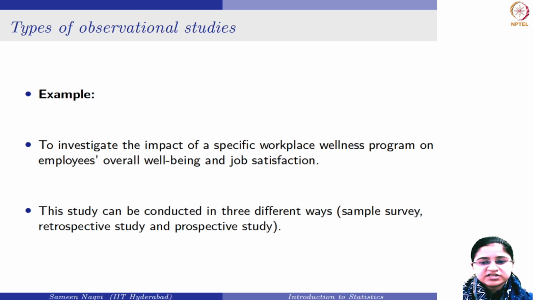They can either conduct it as a sample survey, as a retrospective study, or as a prospective study. If they conduct it as a sample survey, they will just select a group of individuals who are currently enrolled in that program and ask them about their current well-being and job satisfaction levels. Based upon that, you will analyze it.